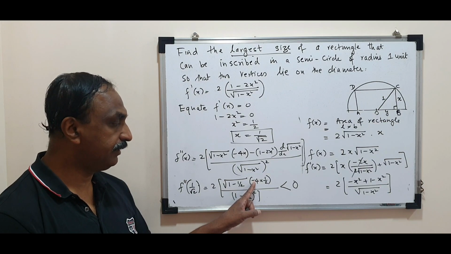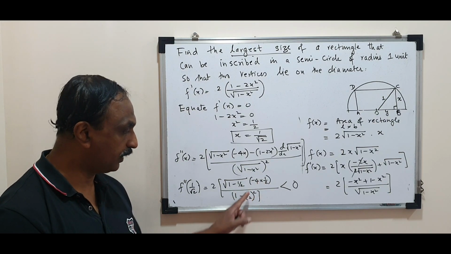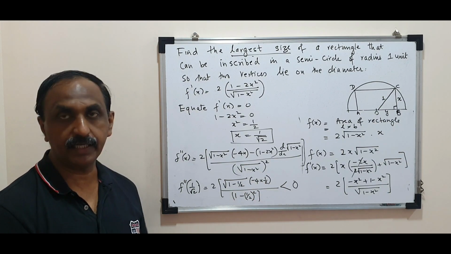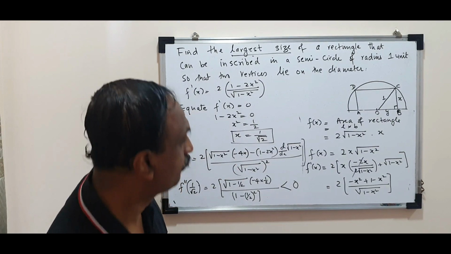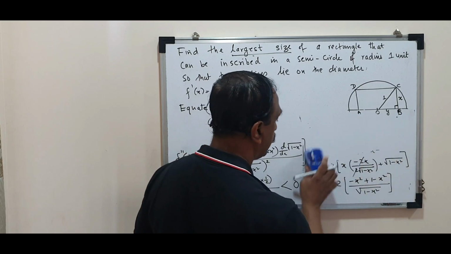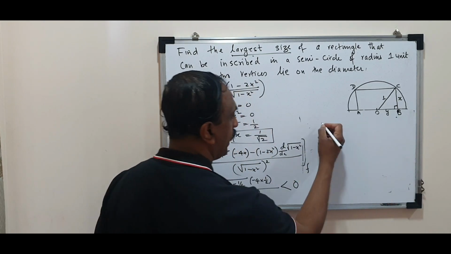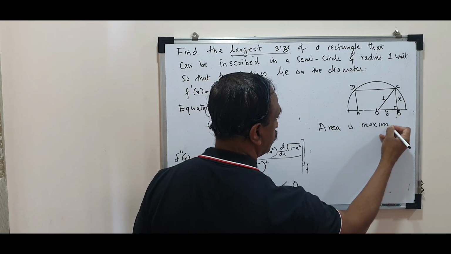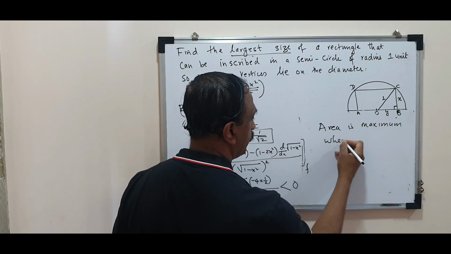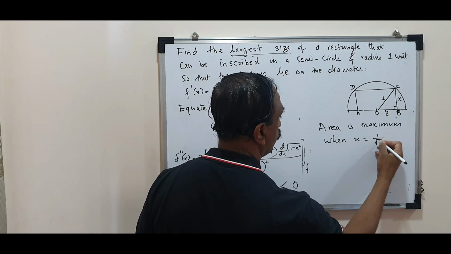Because of this minus sign, this is positive, this all are positive, and because of the minus sign, I'll get the negative as answer. So my conclusion is, the area is maximum. So f of x stands for area. So area is maximum when x is equal to 1 by root 2.